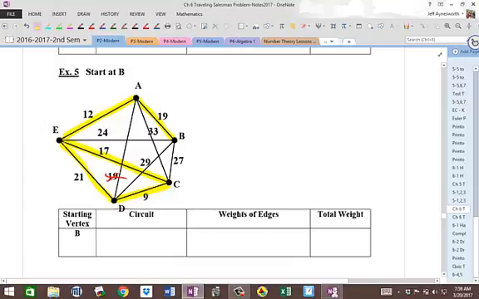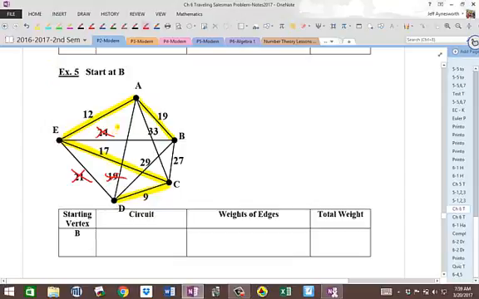No good. So I'm going to clear this one out. After 21 is 22, there's no 22, 23, 24. Here's 24. Now, if I select edge EB, E becomes degree 3. No good. So I can't select this one here.